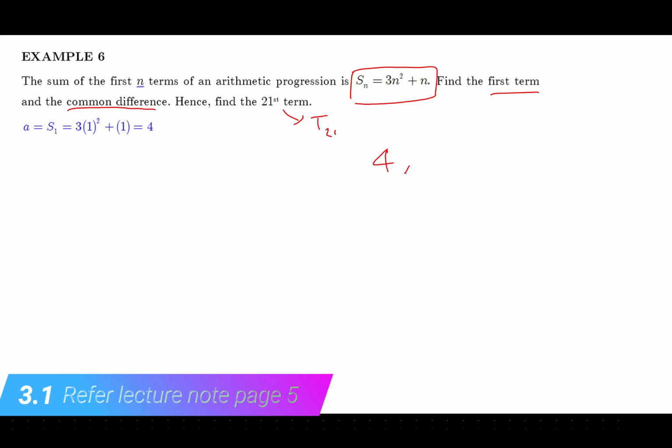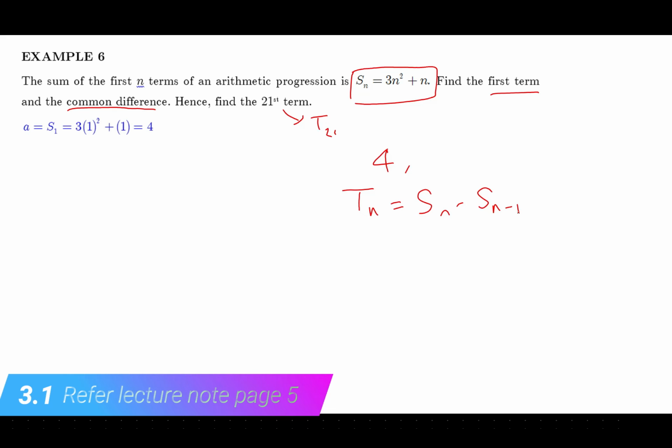We next have to find T2 in order to find the common difference. To do so, we have to use a formula Tn equals Sn minus Sn minus 1.